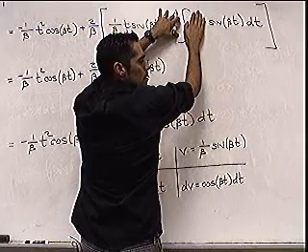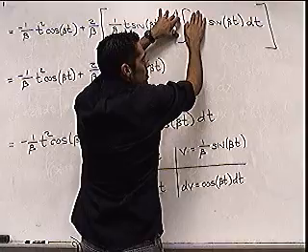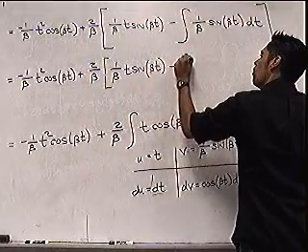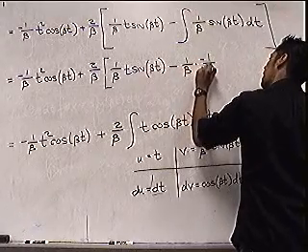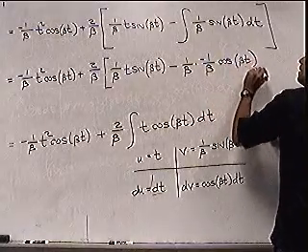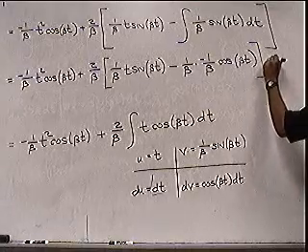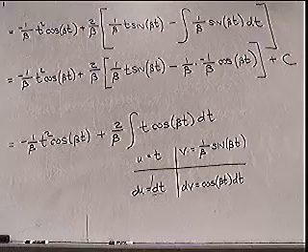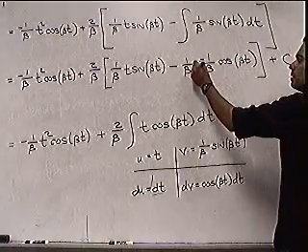Negative 1 over beta cosine beta t. So negative 1 over beta times negative 1 over beta cosine beta t. All of this, close the bracket, plus a constant of integration. Yeah, this is multiplication here.